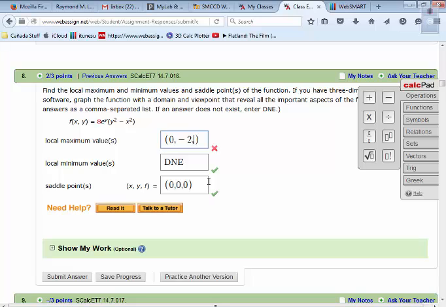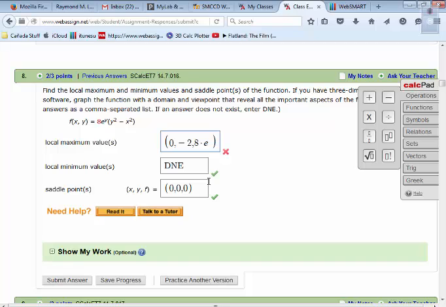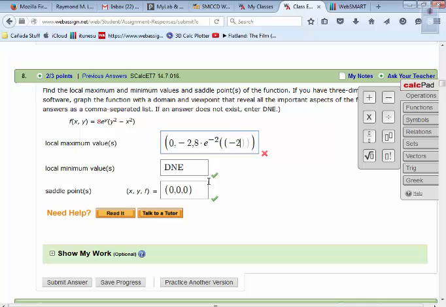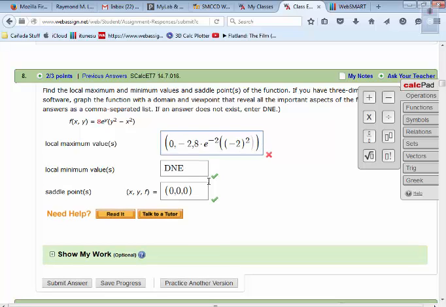All right, let's simplify. 8 times e to the negative 2 times negative 2 squared minus 0. That seems silly. But we took away the z point, and then it didn't give us... 0, negative 2 is wrong?